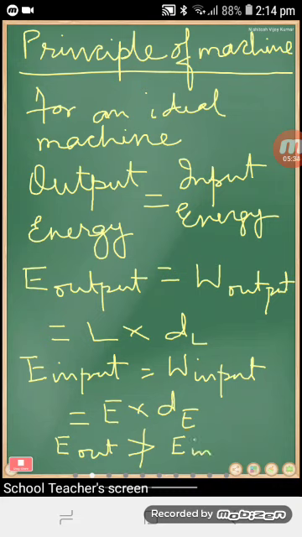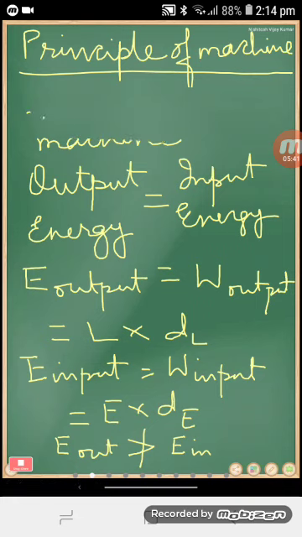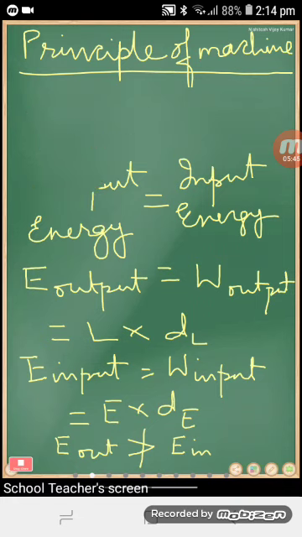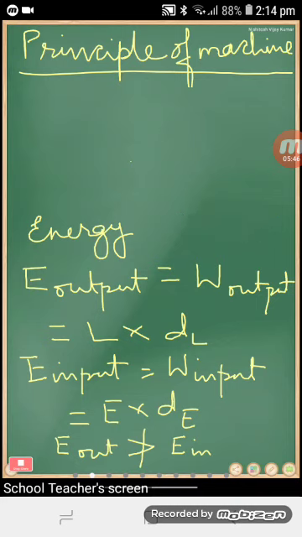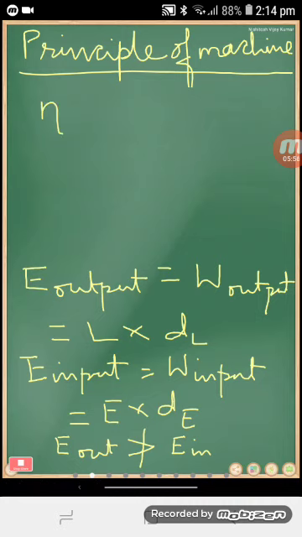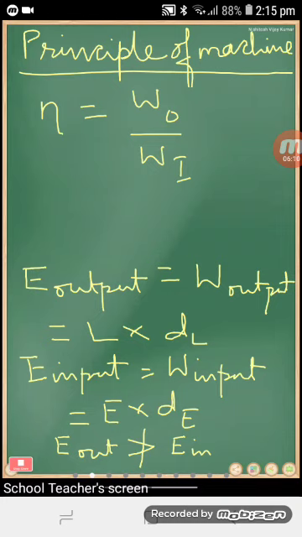Okay, and therefore if we try to calculate the efficiency, which is work output by work input, and since the output energy can never be greater than input energy, which means that the output work can never be greater than input work, therefore efficiency can never be greater than 1, or in percentage 100%, which I had already written.